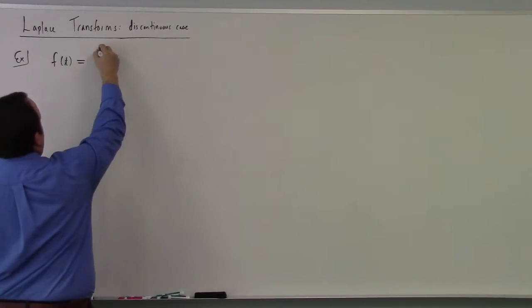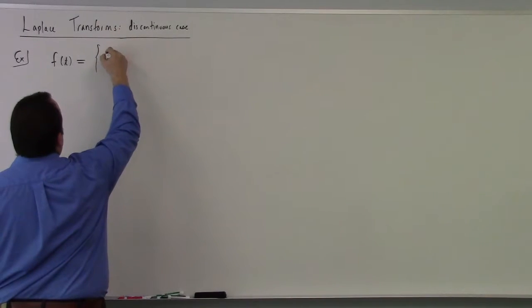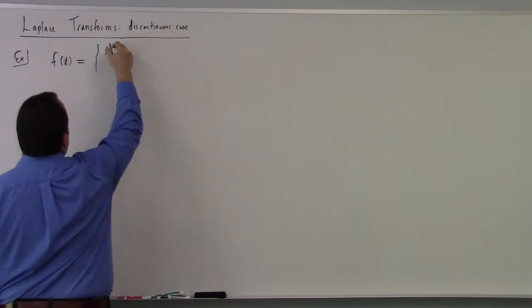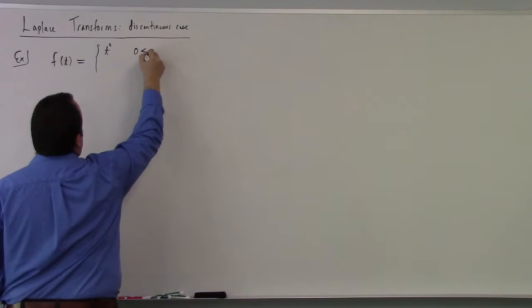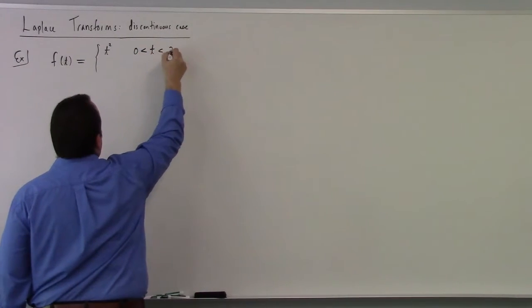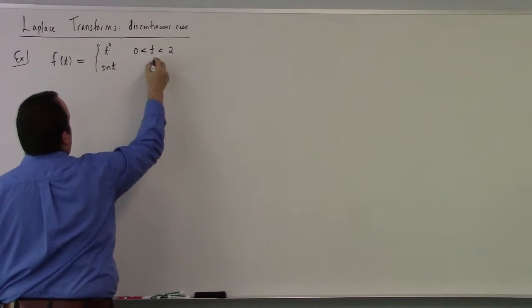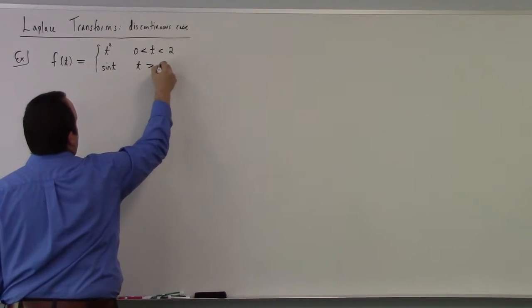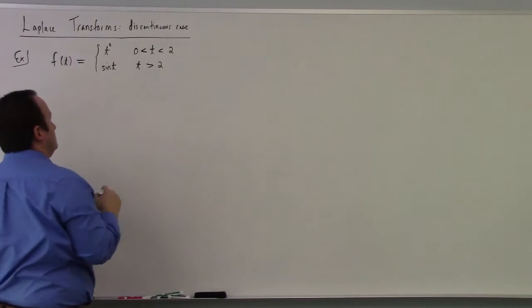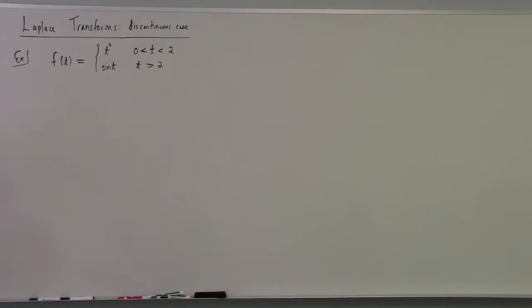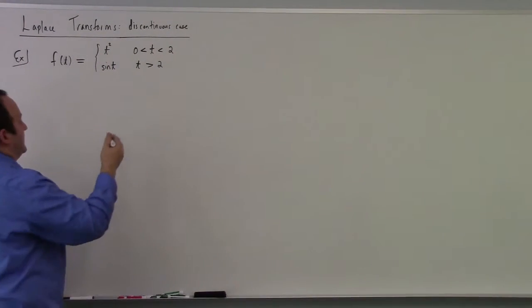We might have f of t equals t squared for 0 less than t less than 2, and then maybe it's sine t for t greater than 2. You can throw equality in either case, doesn't really matter.